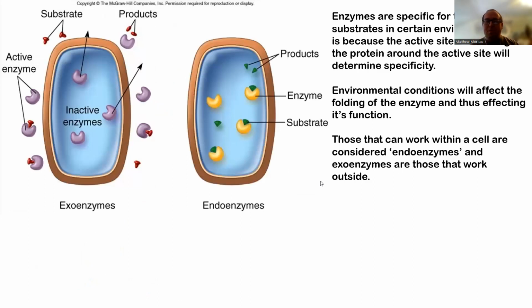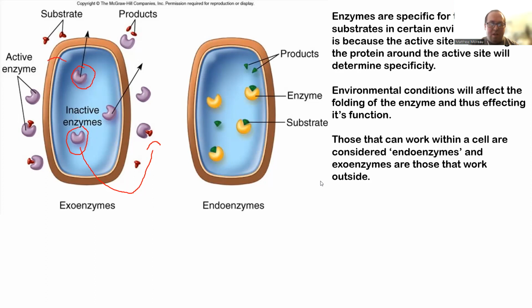So enzymes exist really in two superclasses. There are exoenzymes, and we talked about this in lab. Exoenzymes are enzymes that are created inside the cell and then exported outside the cell, and this export activates them. This is an example of an apoenzyme that turns into a holoenzyme. We create apoenzymes that are inactive, and then they're shuttled outside.